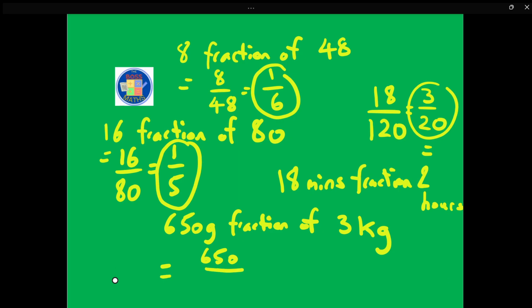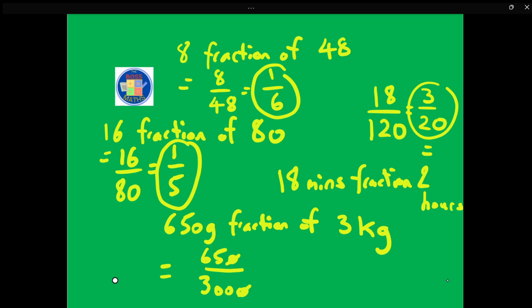And the last one, 650 over, how many grams are there in a kilogram? Yes, did you say 1000? Well done. So it's 650 over 3000. The first times table we should deal with here is the 10 times table. So a 0 can go with a 0. And then which times table has 65 and 300 in it?